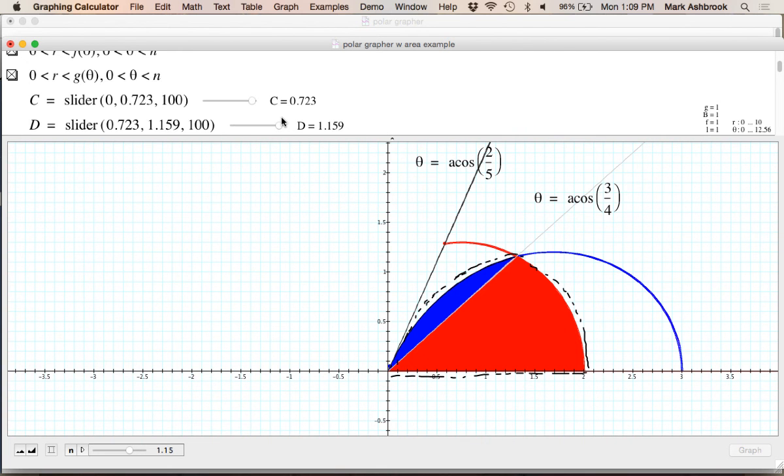Oh, I'll write them down again. So the blue one was the one we've been working on. That's f of theta. And the red one is there.